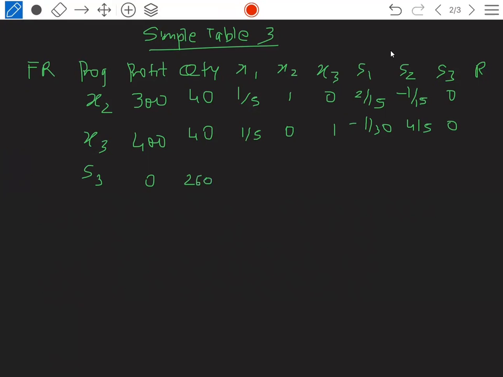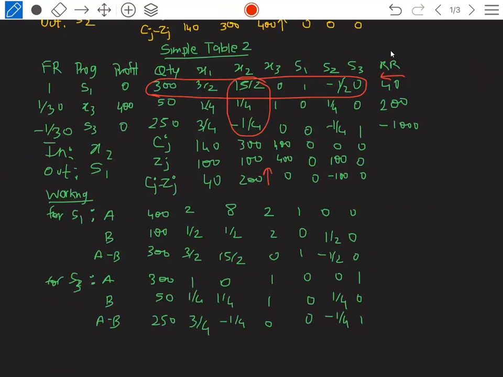Then the x1 value is going to be, let me just verify it once: 3 by 4 minus 3 by 2 into minus 1 by 30. So that's basically going to be 3 by 4 plus 1 by 60.